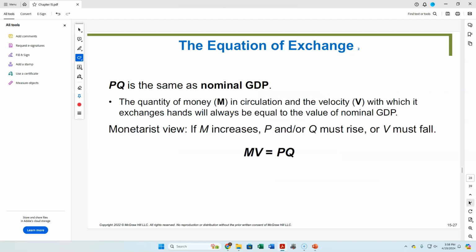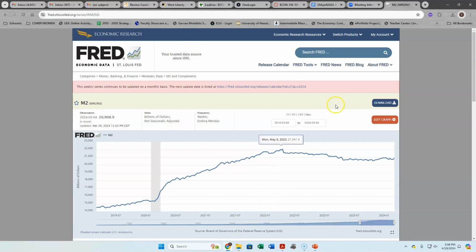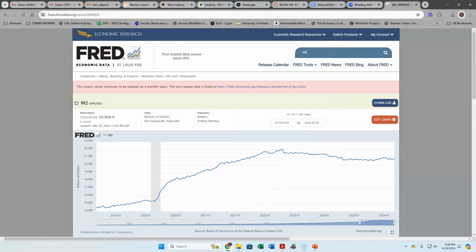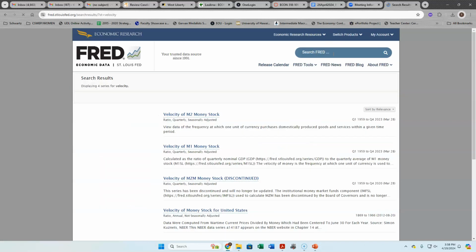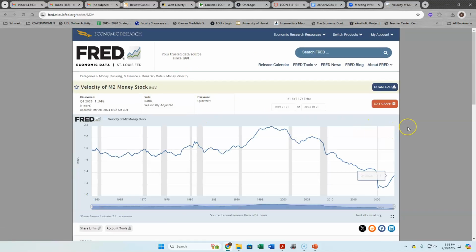And this just kind of summarizes what I just said. Again, one of the key things that monetarists have to believe is that the velocity of money is relatively constant. Now if we go here, one of the problems with the monetarists is that it's kind of constant, but it's kind of not, right?